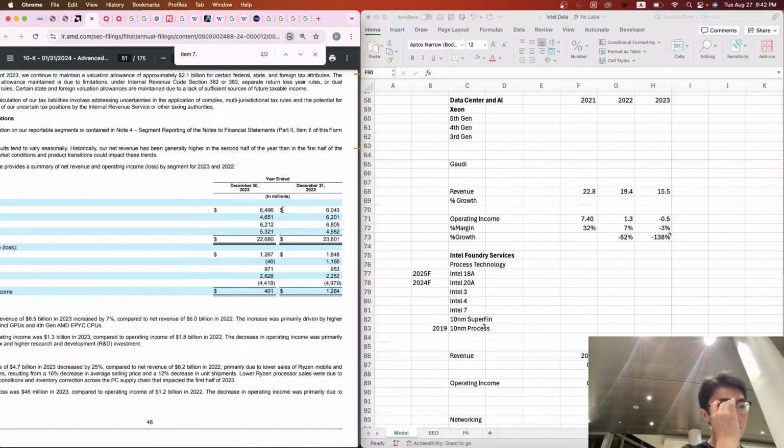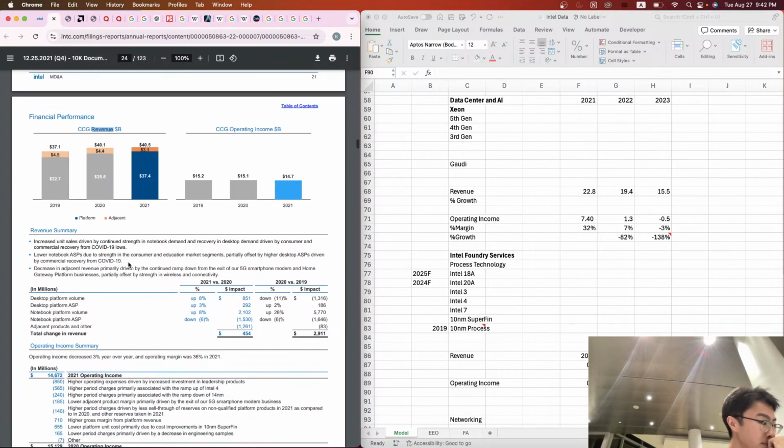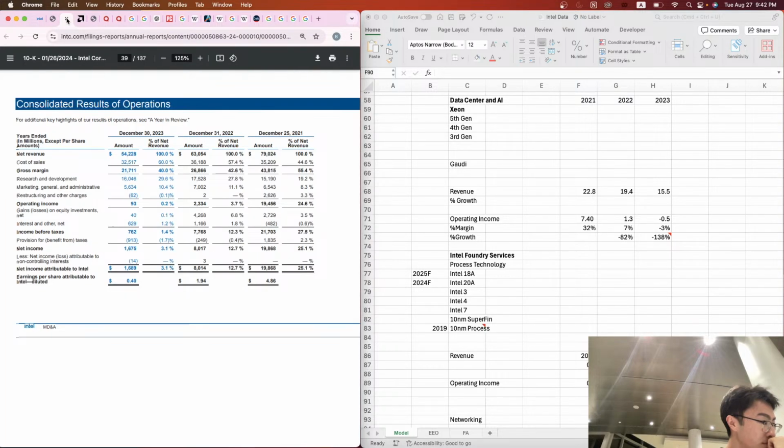Okay, I want to see the multiples that they're trading on. Let's see actually, 2024.